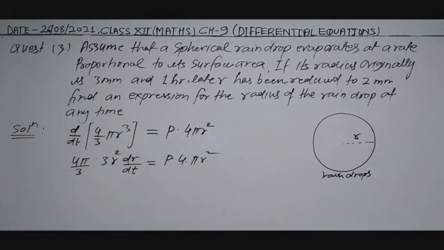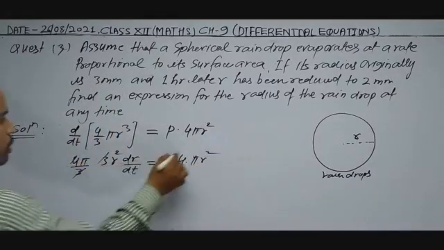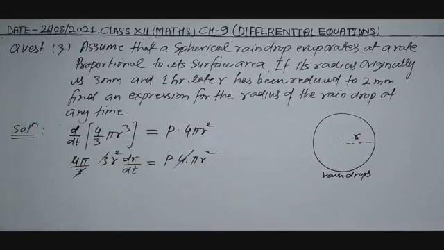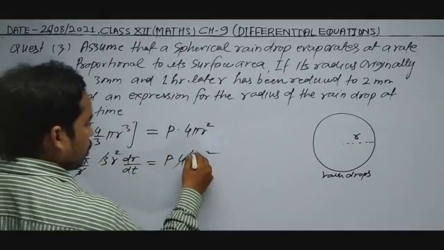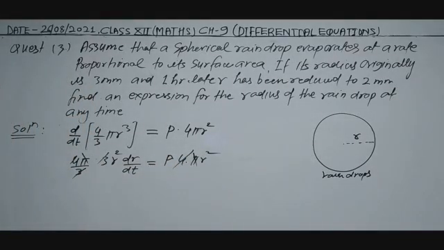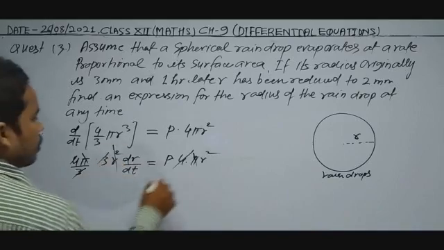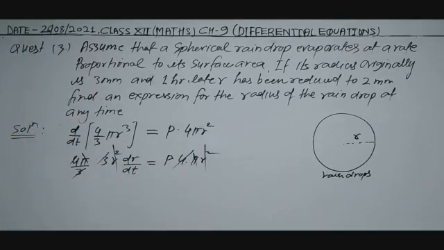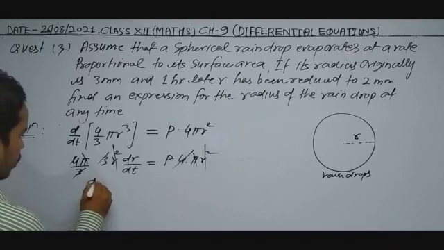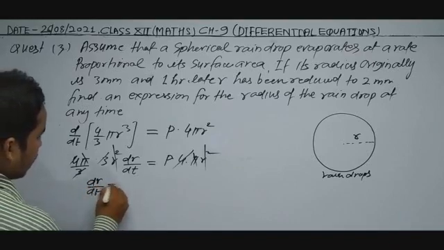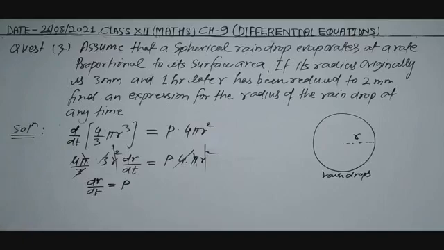Now 4 is cancelled, 3 is cancelled, pi is also cancelled, and r square is also cancelled. So the result will be dr upon dt is equal to P. This is the constant of proportionality.